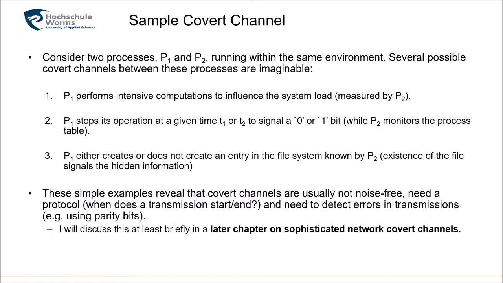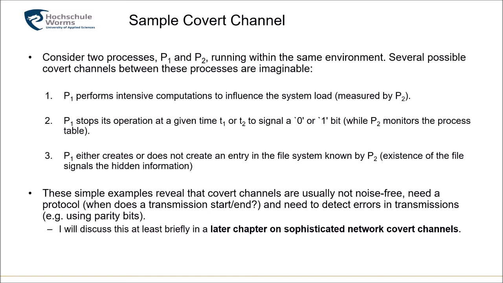If we consider two processes, P1 and P2, running within the same environment, for example the same operating system, several covert channels between these processes are imaginable. For instance, P1 could perform some intensive computations or not to signal a 1 or a 0 bit to the other process P2, who has to measure the CPU load constantly.